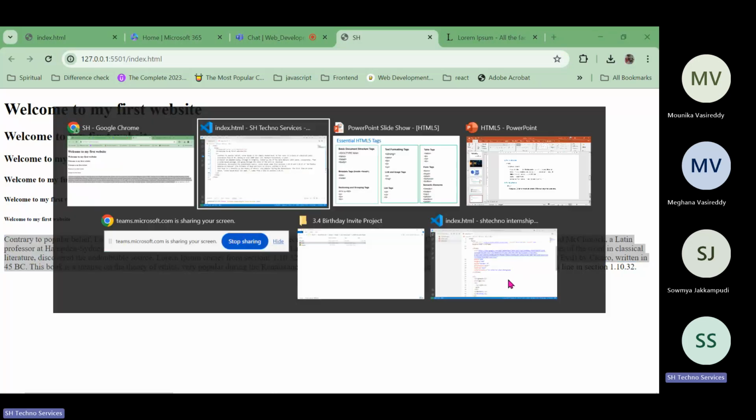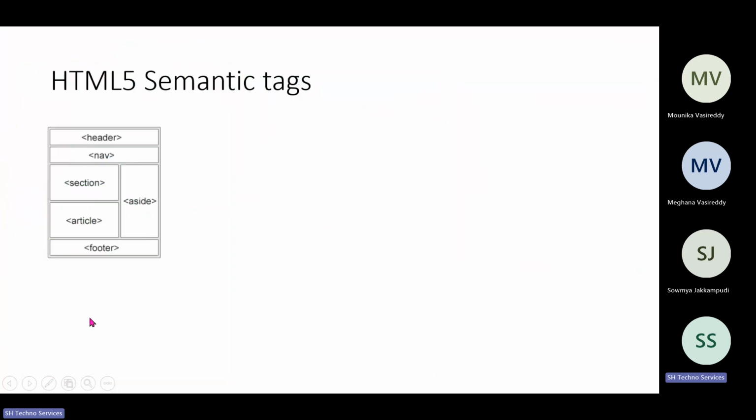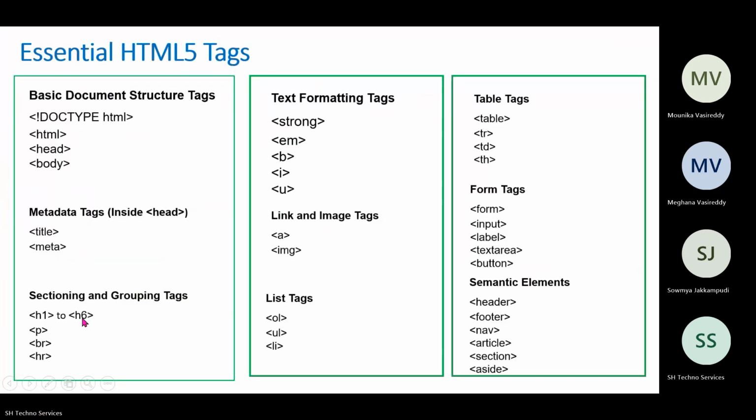And coming to our presentation, we have covered the tags H1 to H6, and we have covered the paragraph tag. And what about the BR tag? BR is for the line break.